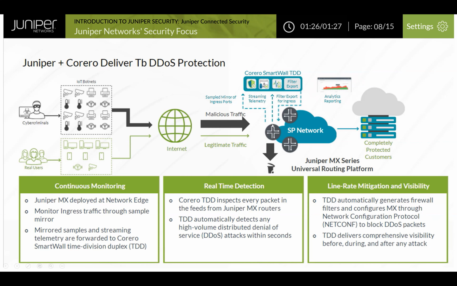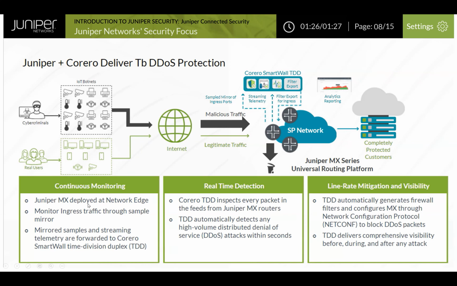Both malicious and legitimate traffic will be checked. If malicious traffic is found, it is thrown in the bucket, and real traffic goes to the real user. This is a simple diagram to protect against DDoS attacks, with the Juniper MX and the Corero device working jointly.